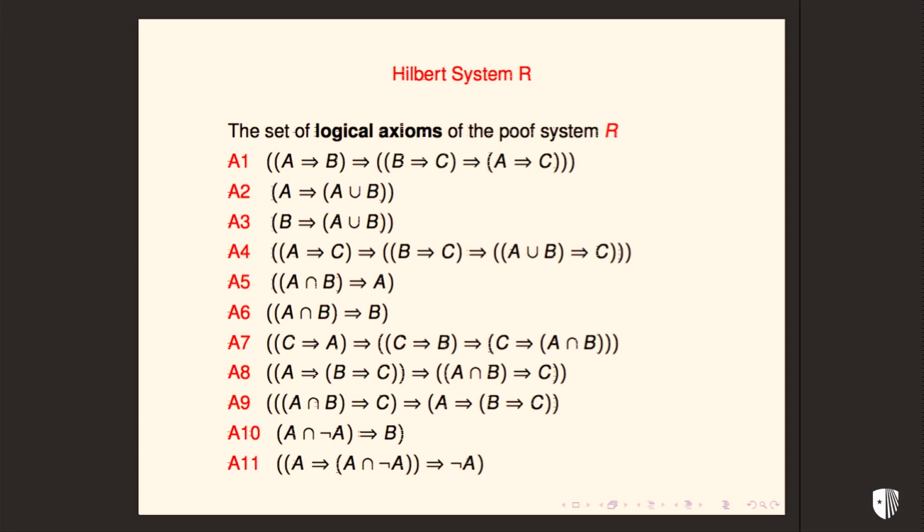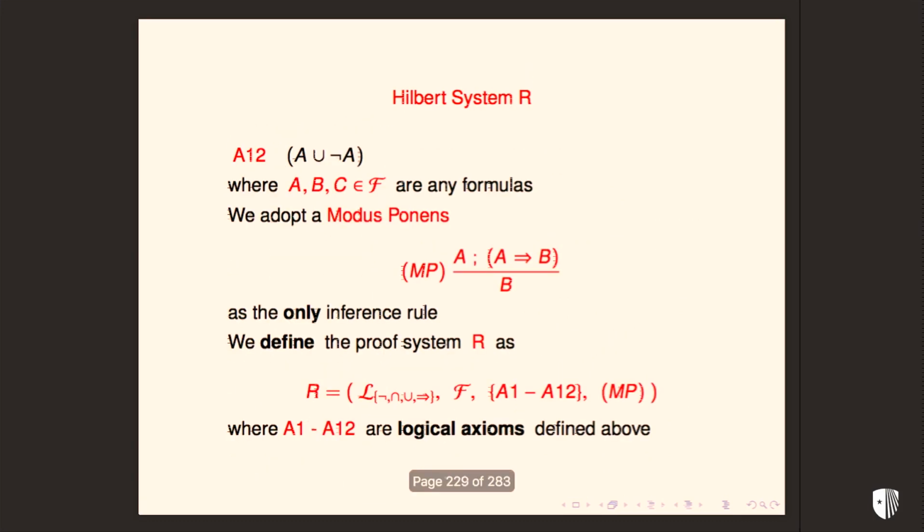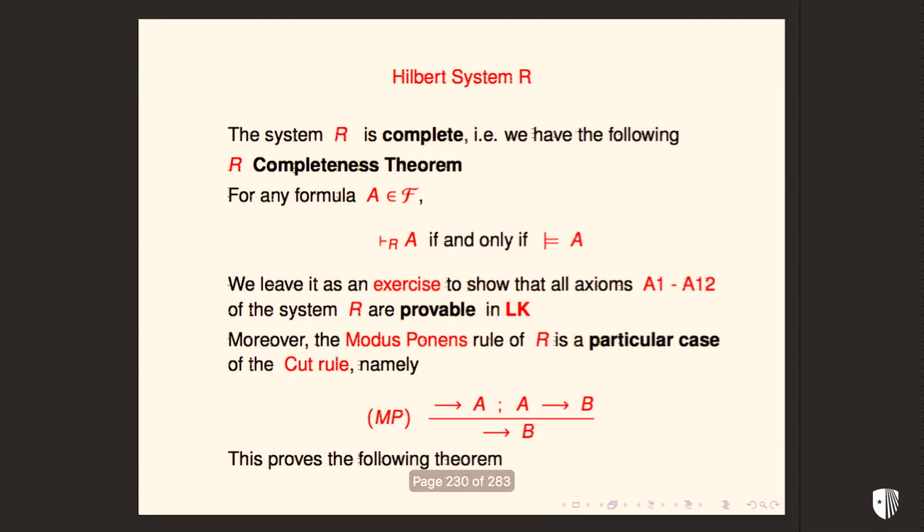And here is the proof: Hilbert's proof system has 11 axioms and 12 axioms A, not A. And then we prove that for any formula, of course, this is complete, and modus ponens in Hilbert style really corresponds to cut, that form of the cut, right?